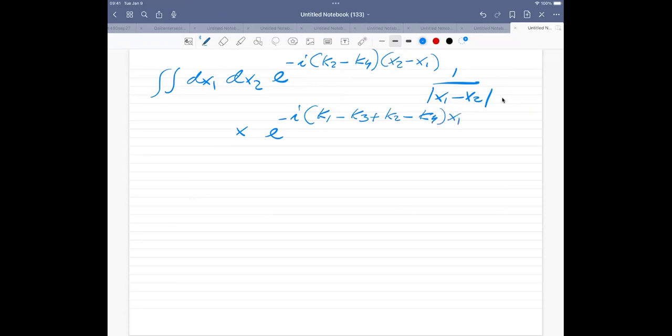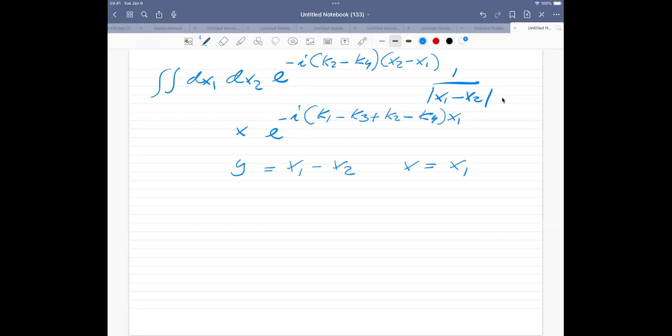The reason I'm writing it like this is that I can make some manipulations, where I introduce a variable y, which I define as x1 minus x2, and a new variable x, which is equal to x1.